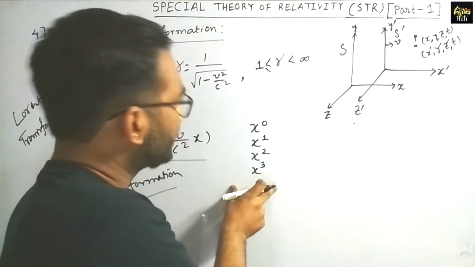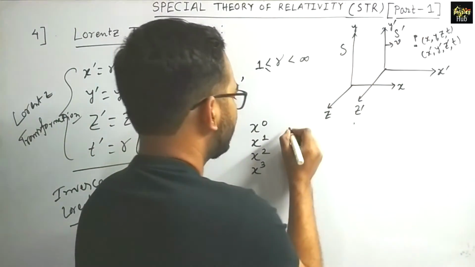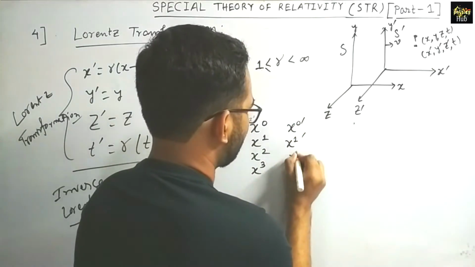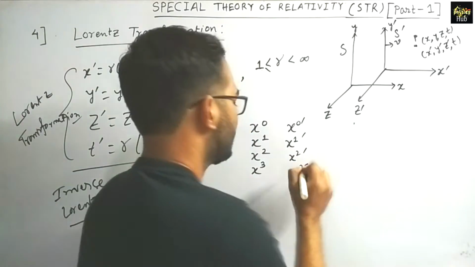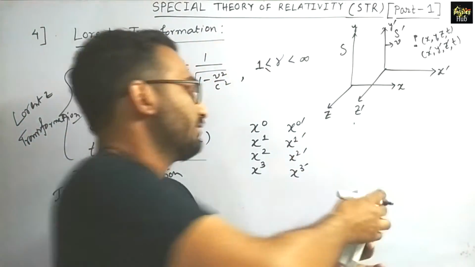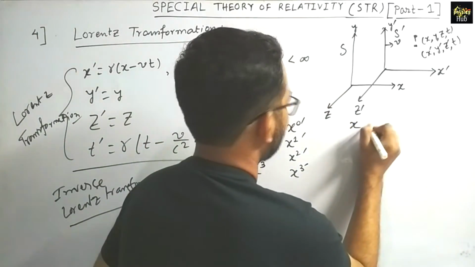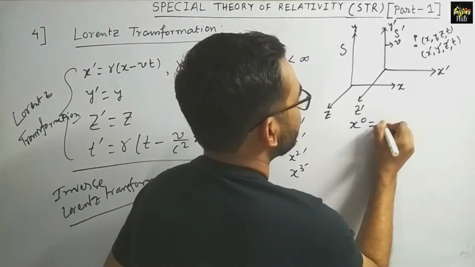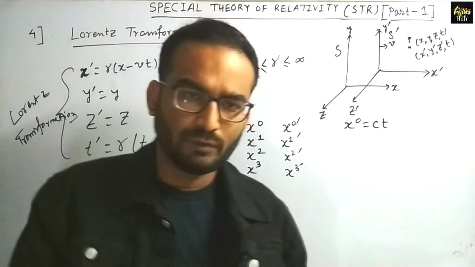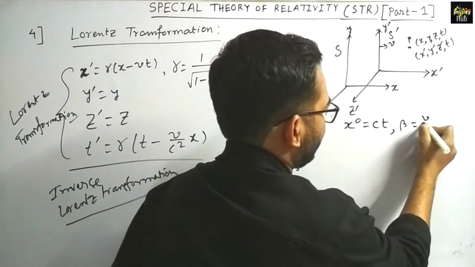So these are the 4 coordinates in the unprimed frame, and in the primed frame they are written as x0 prime, x1 prime, x2 prime, x3 prime. Now how are they related? To define the relationship, we write x0 equals c into t. Along with it, we are introducing another quantity beta, which is equal to v by c.